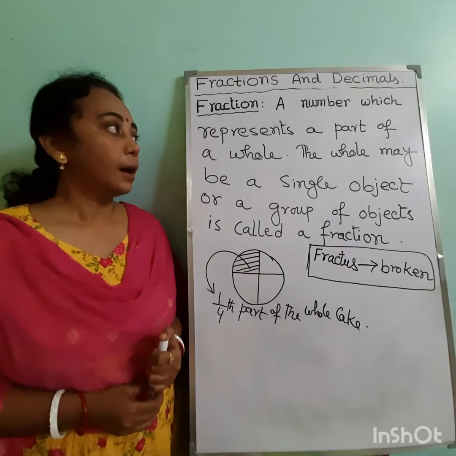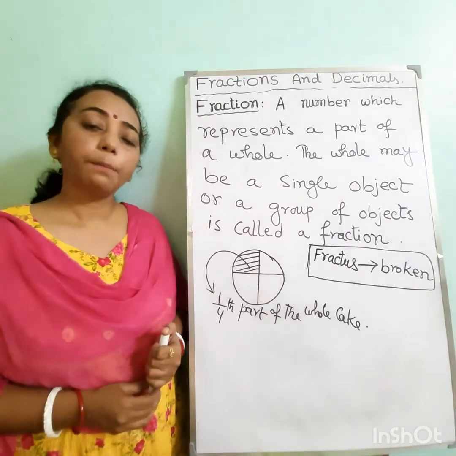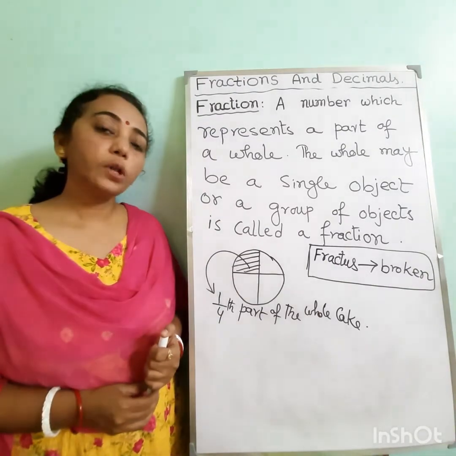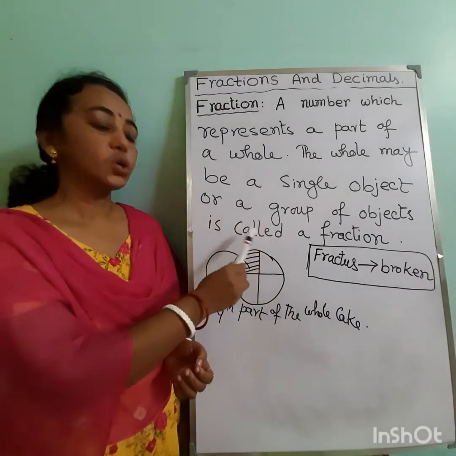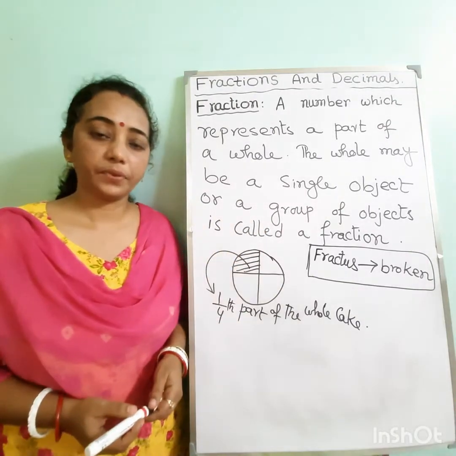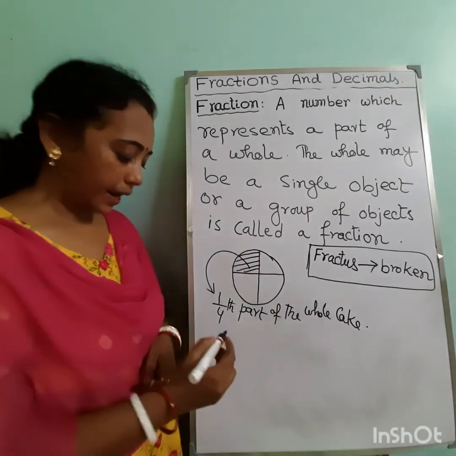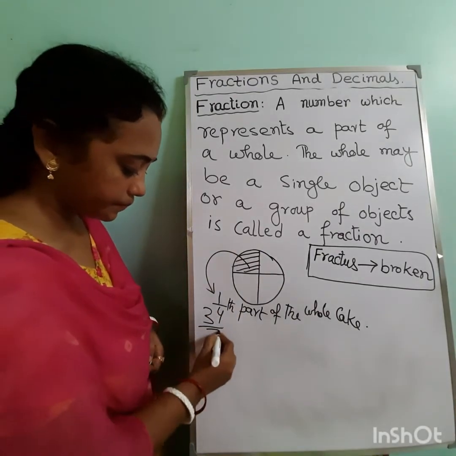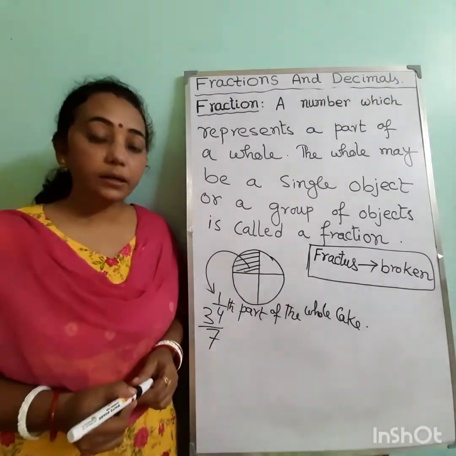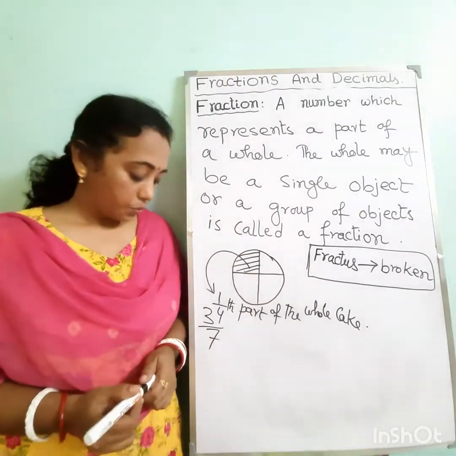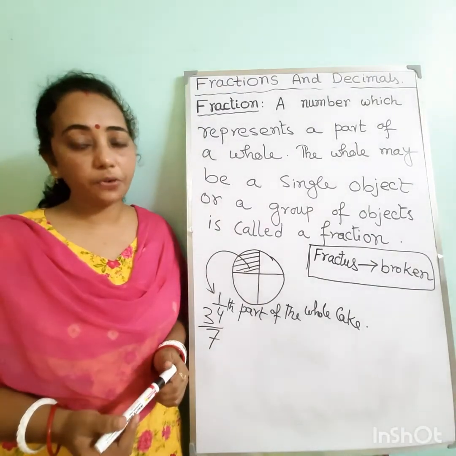So a number which represents a part of a whole, the whole may be a single object or a group of objects, is called a fraction. For example, if I write 3/7, then it is a fraction. Can you tell what the number 7 stands for?